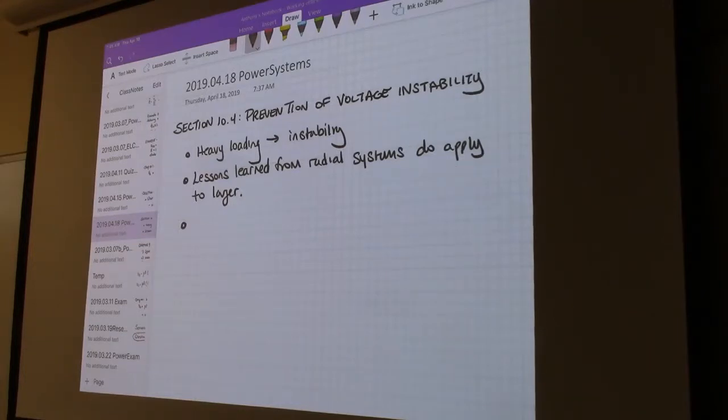And we also see that the instability is associated with a shortage of reactive power.